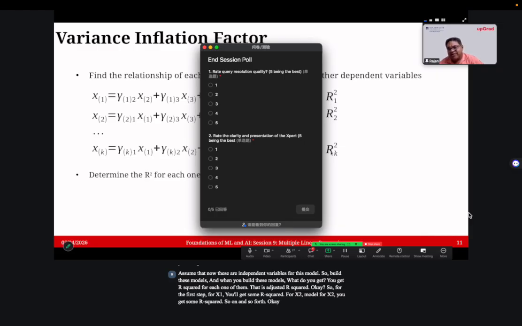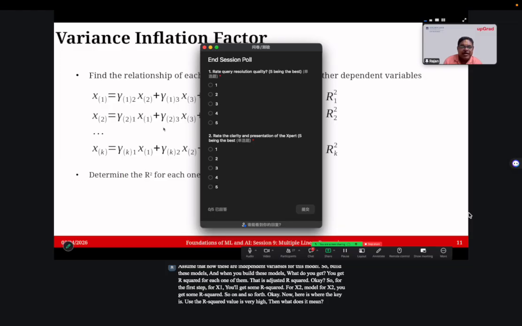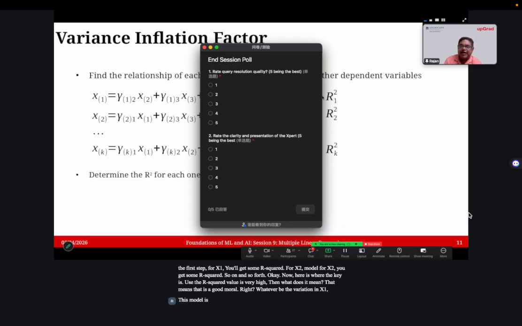Okay. Now here is where the key is. If the R squared value is very high, then what does it mean? That means that is a good model, right? Whatever be the variation in x1, this model is able to explain that much of that variation. That's what R1 squared tells you.